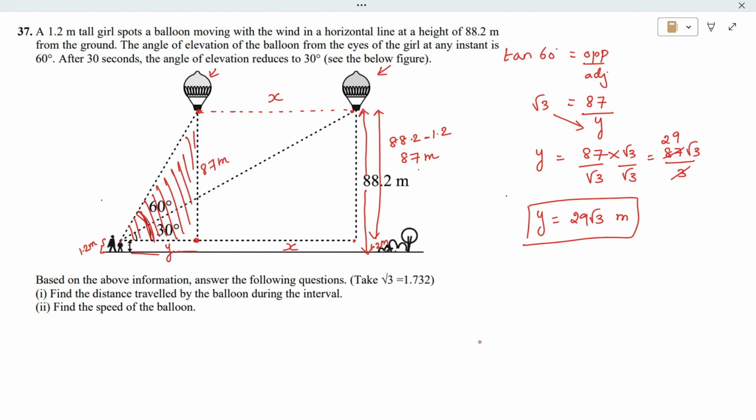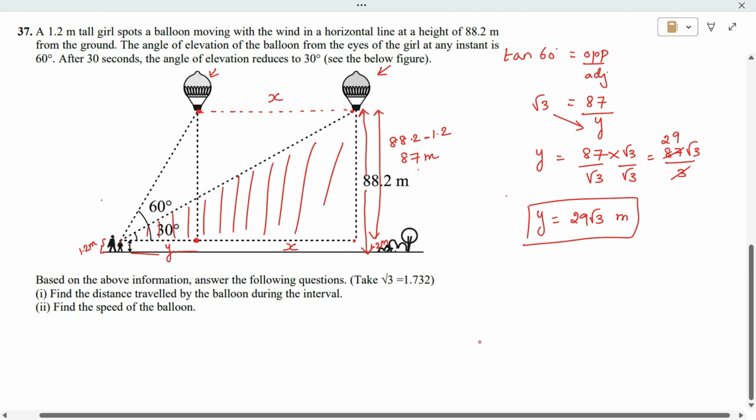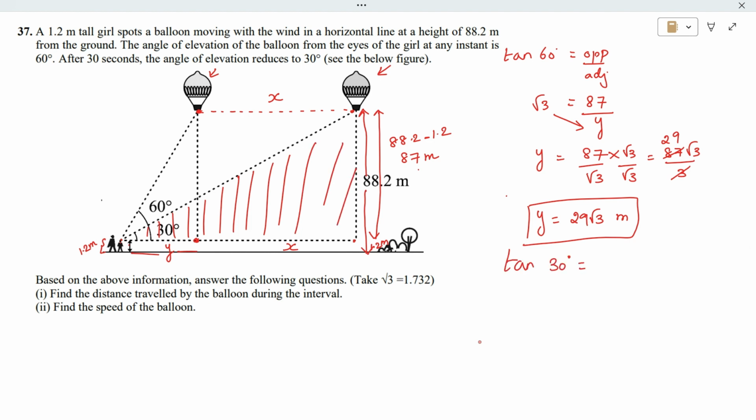So now I have to consider the other triangle. So I'm considering this bigger triangle where tan 30 is equal to, again opposite by adjacent, that is 87 divided by the overall distance from the girl to the final point of the balloon, horizontal distance, isn't it? That is y plus x. So tan 30 is 1 by root 3 is equal to 87 by 29 root 3 plus x.